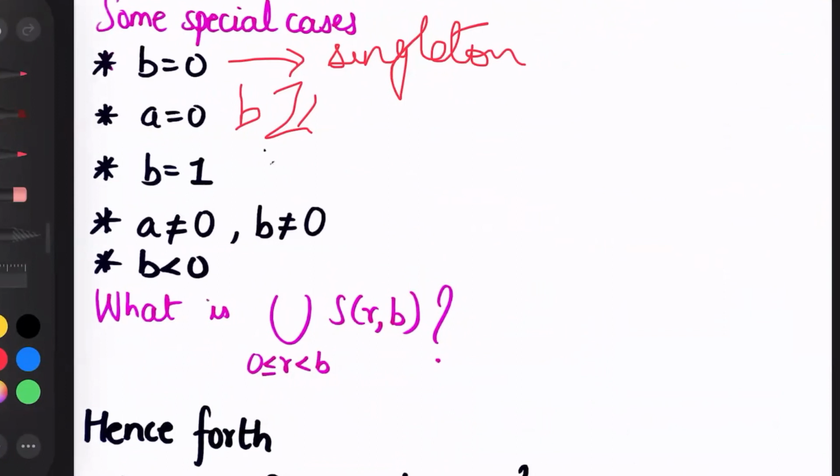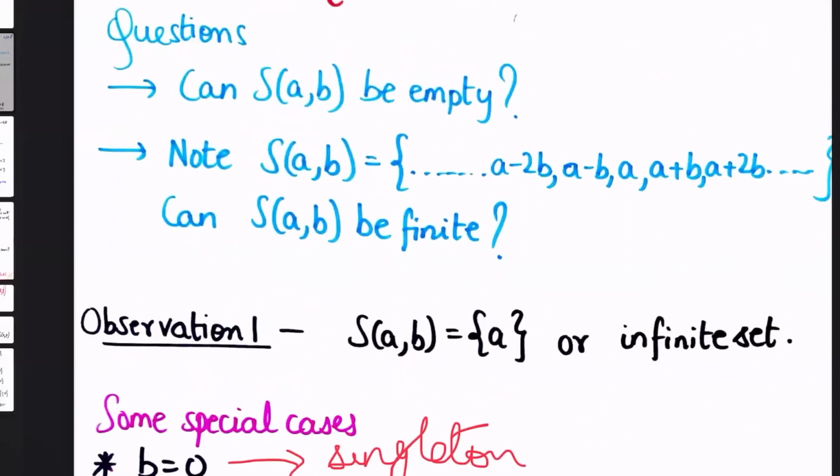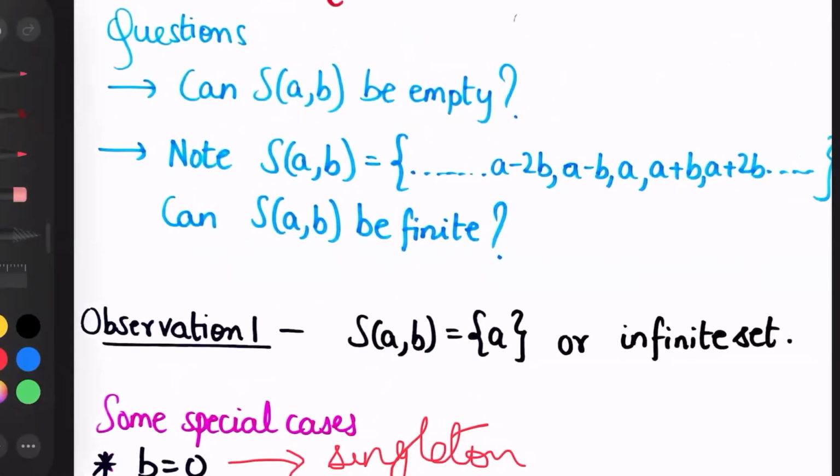Now, the reason why we ignore the negative ones is because if B is negative, S_{A,B} is the same as S_{A,-B}, because in that case, the progression just goes opposite, right? If you have minus difference, then S_{A,-B} would be the same as this, but these terms would appear on the right side, and these right side terms would appear on the left side.